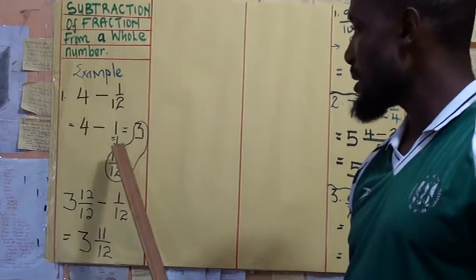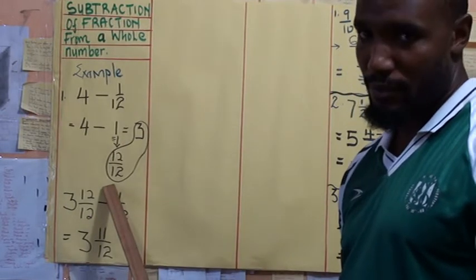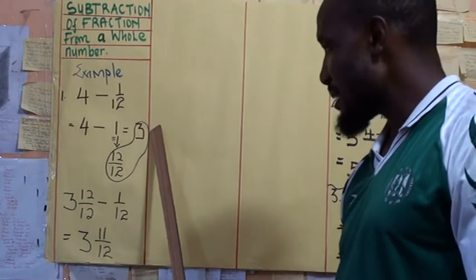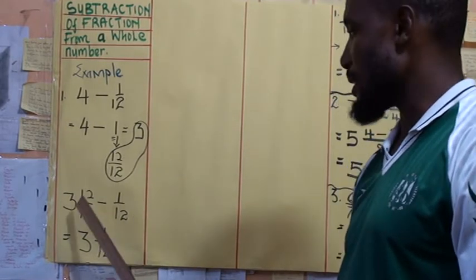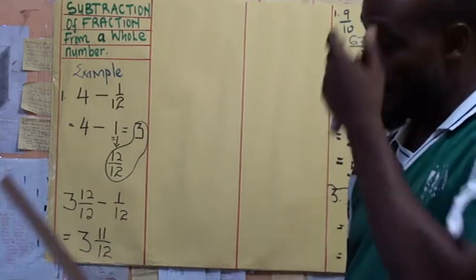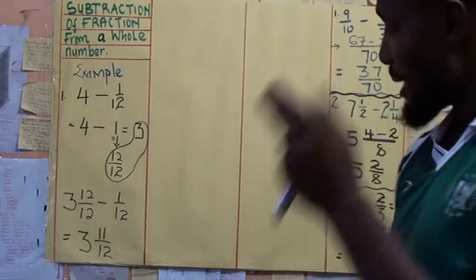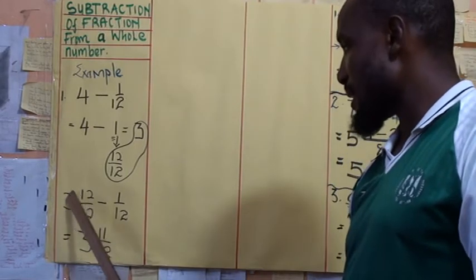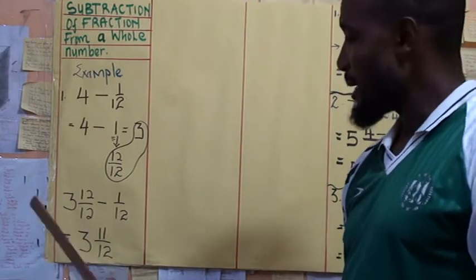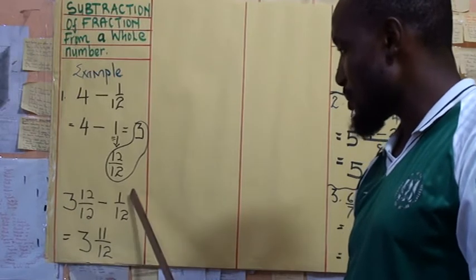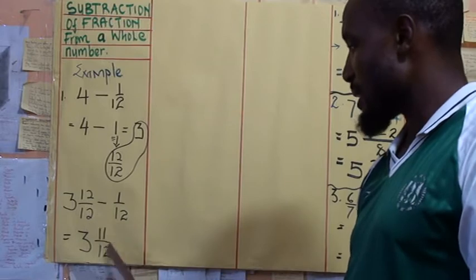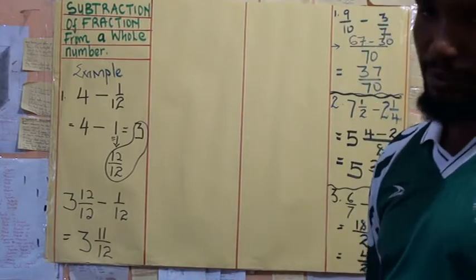Which fraction will it be? 12 over 12. Now, we have 3, we have 12 over 12. Combine them: 3, a whole number, then 12 over 12 as a fraction. Now, subtract 1 over 12. 3 becomes a constant, a whole number, and you subtract numerator minus numerator, the denominator remains the same. That is 12 minus 1, 11, denominator becomes 12.